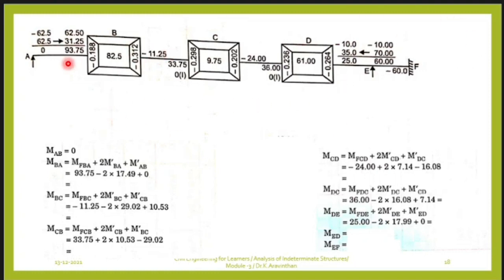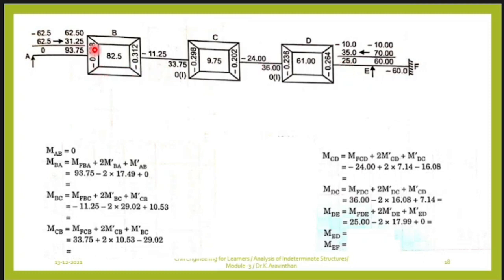So what are the values here? What is the bending moment at B to A? 93.75, and B to C, what you got is minus 11.25, CB is 33.75, CD and DC, and last D to E is written here. All the moments are as received.